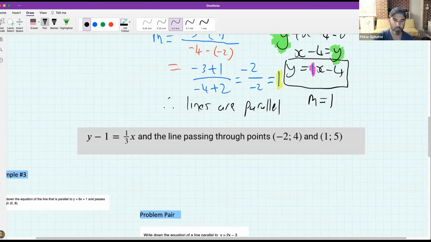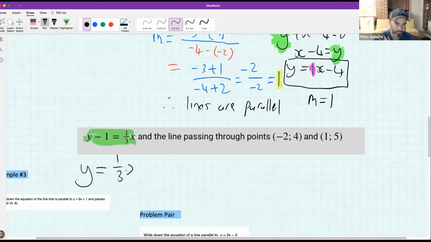Remember also to follow the steps that Teacher Peter showed us, because for me, it's so helpful. So Yolanda, out of the two sides here, where would you start first? Would you start with y minus 1 equals a third x, or would you start with the points? I will definitely start with y minus 1 equals, to put it in standard form, because that's what you just taught us at the top.